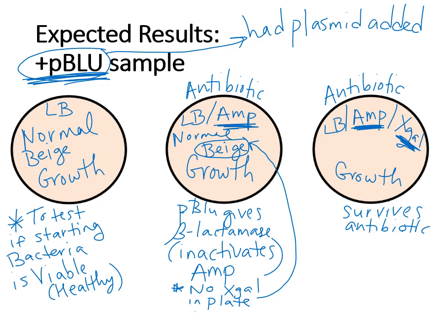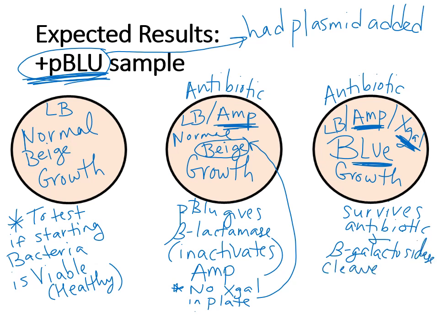But in addition to that, you now expect blue growth because XGAL is present. So it survives the antibiotic and beta-galactosidase cleaves XGAL. So you see blue growth.